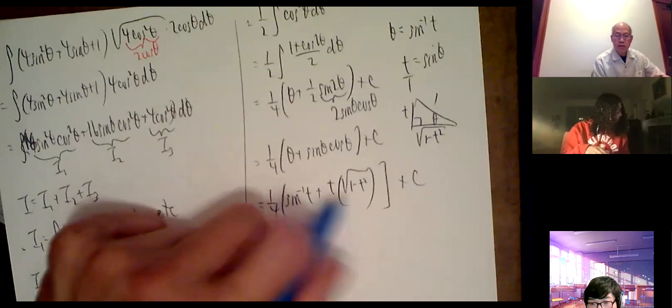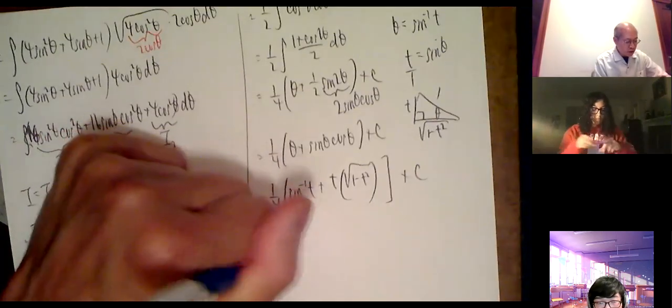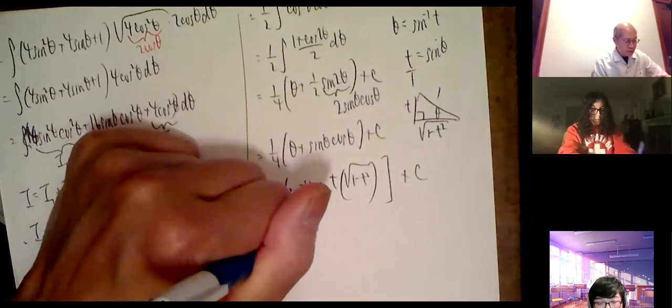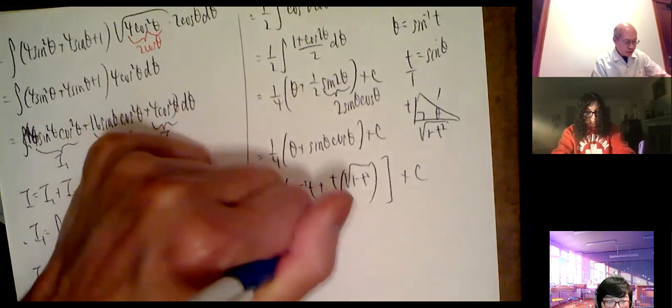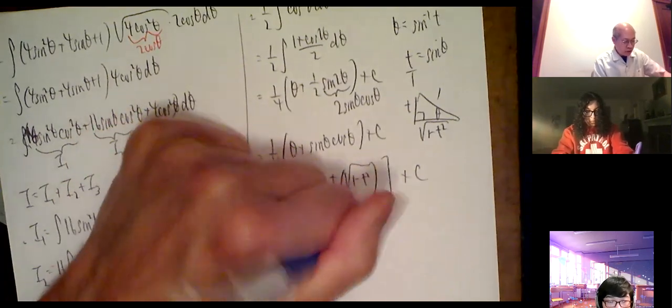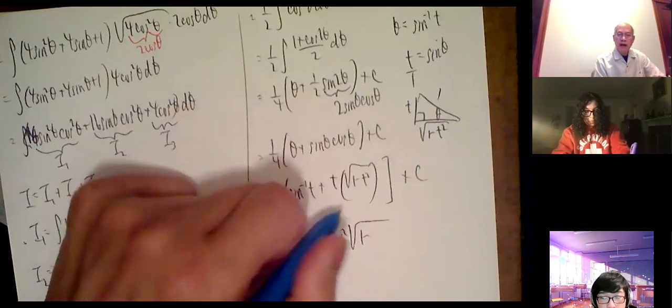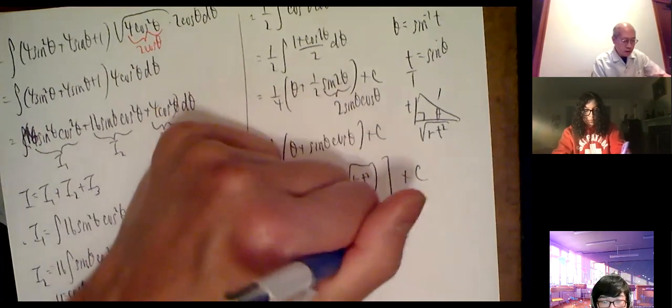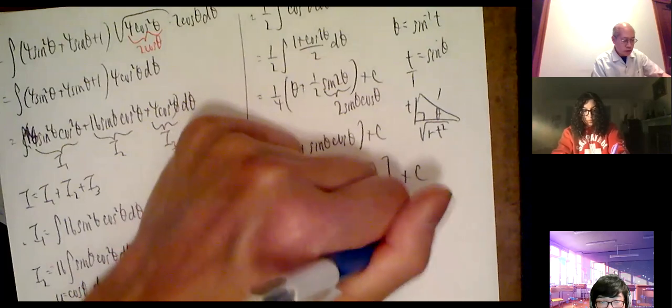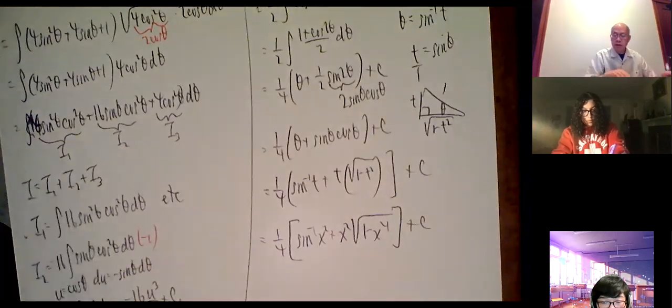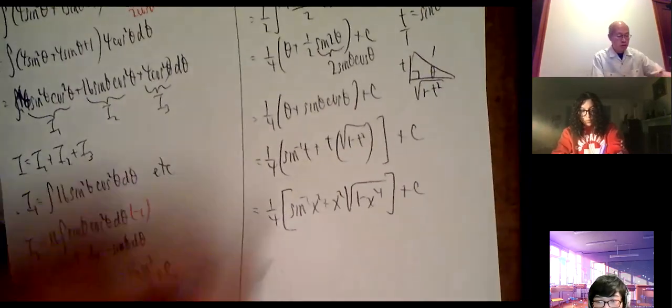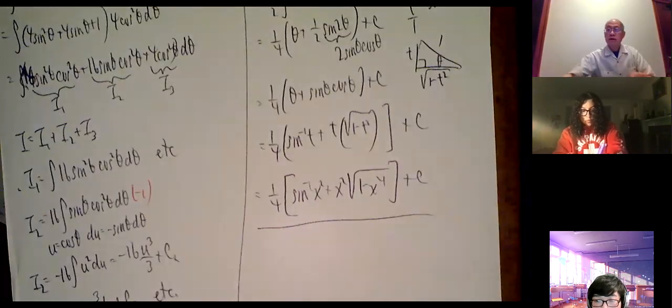So put x squared here, here, and here, and we finally have it. So 1/4 inverse sine of x squared plus x squared radical 1 minus x squared squared, x to the 4th, plus c. Okay. So that's that.